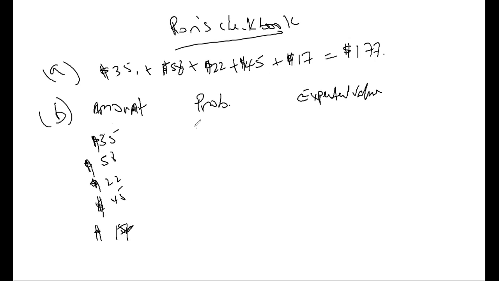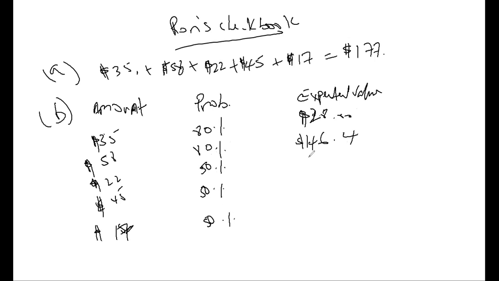The probability here for 35 is 80%, or 0.8, and for 58 as well. Here it is 50%, or 0.5, 50%, and 0.5. So this gives 28, 46.4, then 11, 22.5, and 8.5.